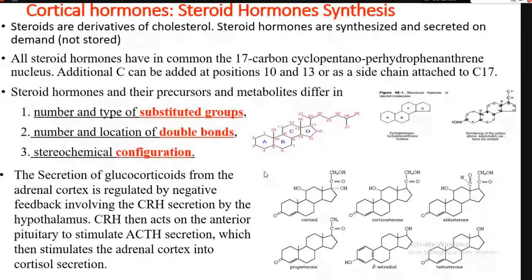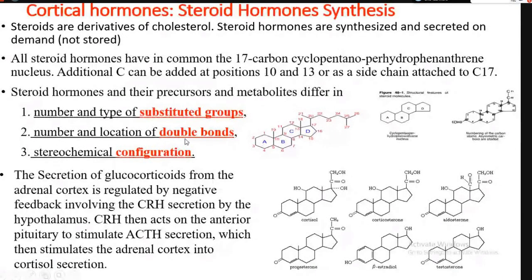So that's why steroid hormones and their precursors and metabolites differ in 3 characteristics. Remember, I will ask in the viva. Steroid hormones, their precursors and their metabolites differ in 3 characteristics: the number and type of substituted groups, the number and location of double bonds, and the stereochemical configurations.